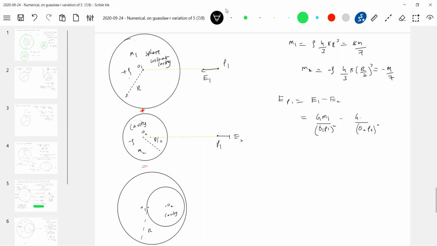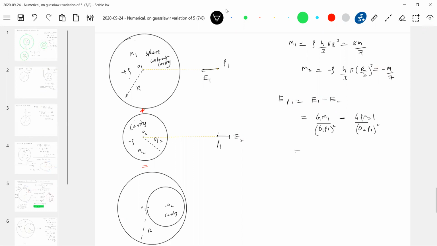Don't substitute M2 with its sign. Already the sign you have taken care of by giving a direction. If you put negative, negative, you'll get positive, so it should not happen. I'm making it clear: some books write this as positive, and then substitute M2 with sign. It's left to you. Since I already took the sign by assuming the diagram and I'm writing minus E2, there is no need to put M2 with sign here. But still it's a practice of showing that it's a cavity, so we have to show that negative sign.